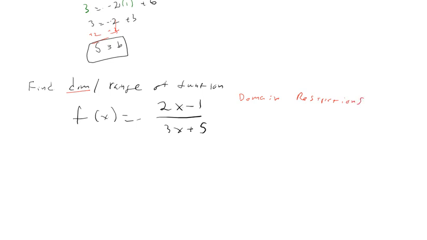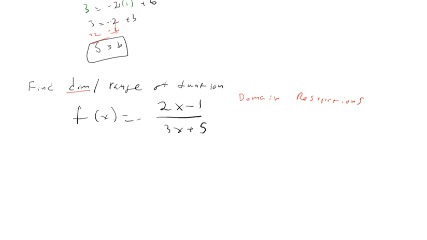I want to know what is not allowed. Are there any restrictions for this equation? What do you think? Do I have any domain restrictions? Remember, our default is all real numbers. But two things give us restrictions. Does this function have a restriction?